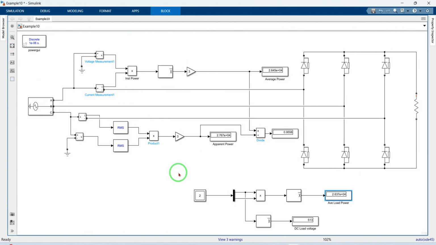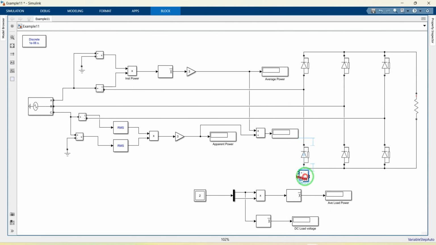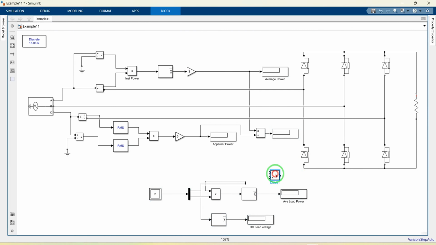Copy and paste the divide block and flip the inputs. Divide the output average power by the input average power, and then multiply by 100.